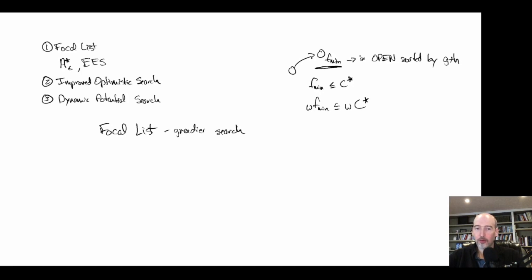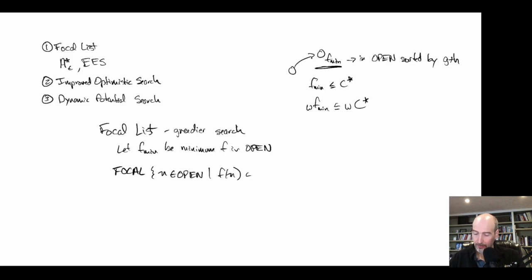There are a number of ways we could define this, but if we let F min be the minimum F in open, and a suboptimal bound of W, then the focal list is going to contain any nodes n that are in open where f of n is less than or equal to W times F min.